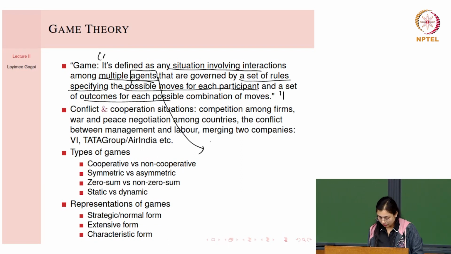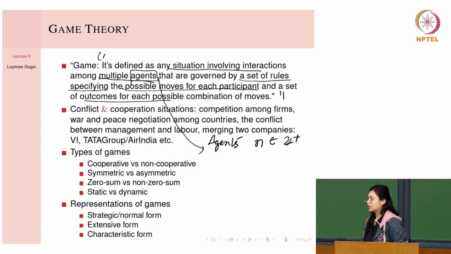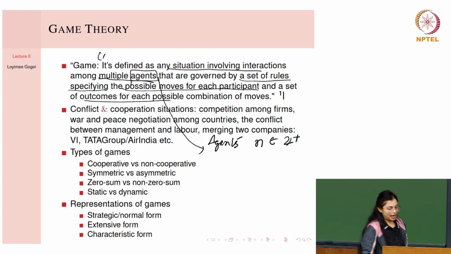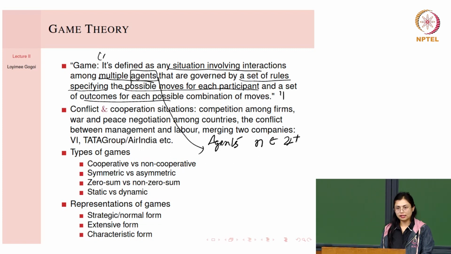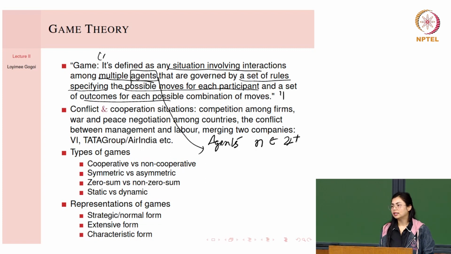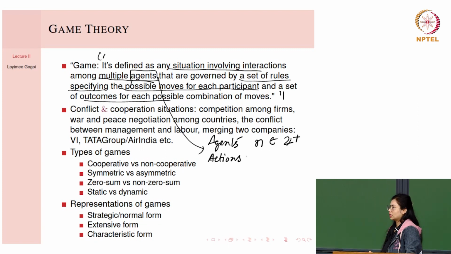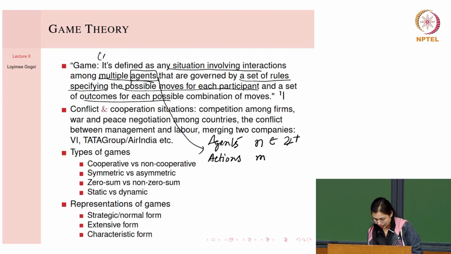First, as I said, there are some agents, n agents, and they are always rational and intelligent. Based on their situation, whether it is a conflict or cooperative situation, they have to abide by some rules, and some actions are available to them. Some strategies, say M strategies, are available to them.